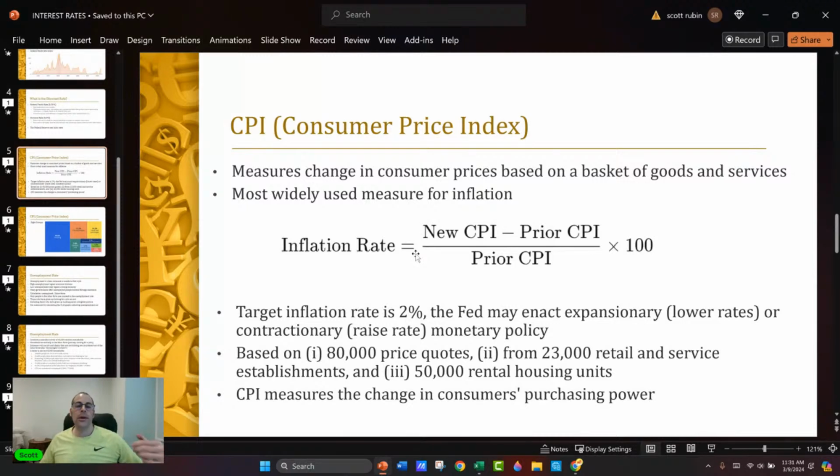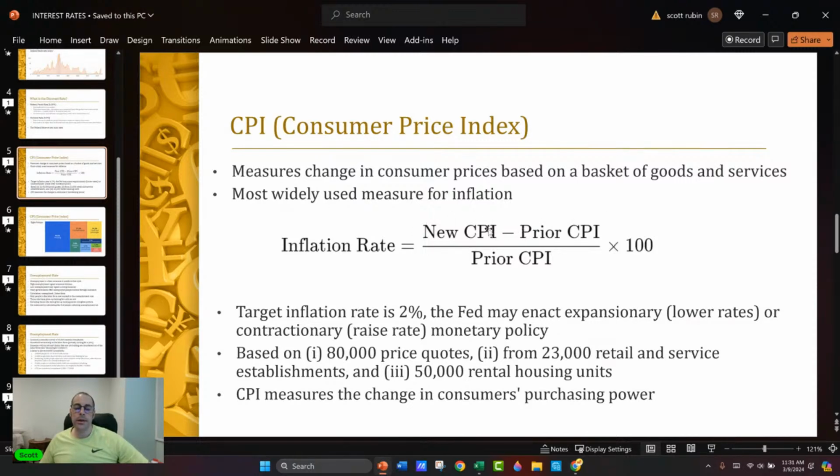You can use a bike to get somewhere. You can use an Uber, you could use a motorcycle, you could use a plane. It's just a tool to get there. But the way they actually calculate inflation is based on the CPI.